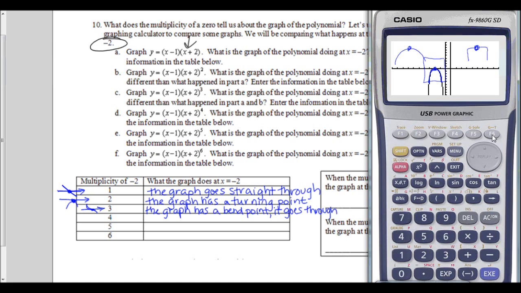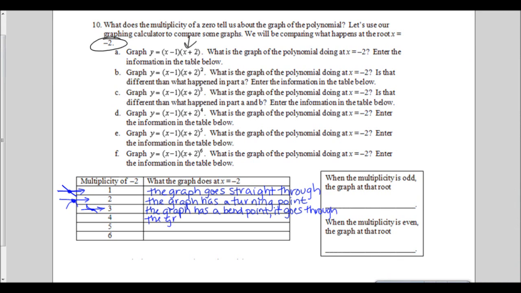When you draw it, not quite as squared off as I made it, but it gets flatter compared to the x squared one did. But it still touches and turns right there. So if I had to describe, I would say the graph has a turning point again. And if I wanted to make my little picture, there's my x-axis. It's going upside down.